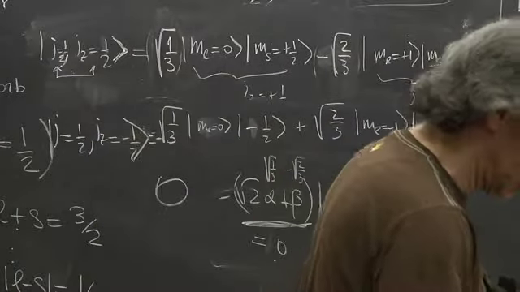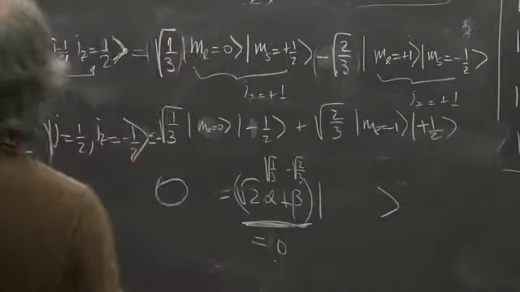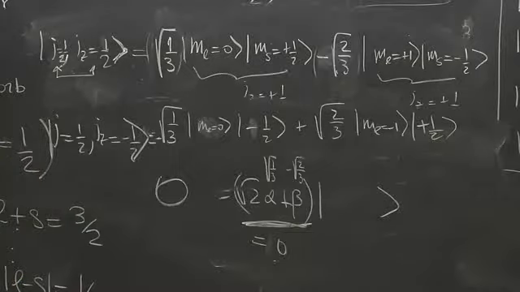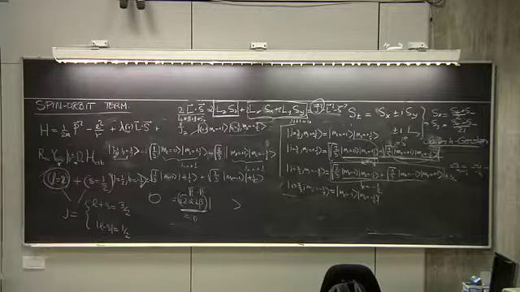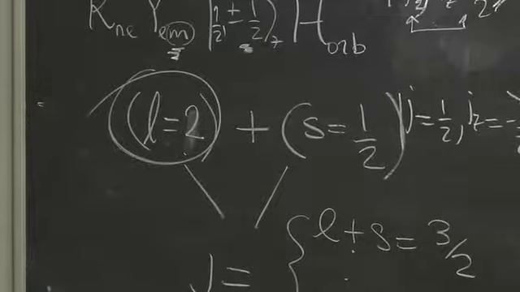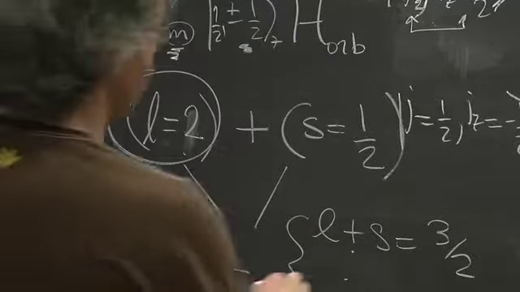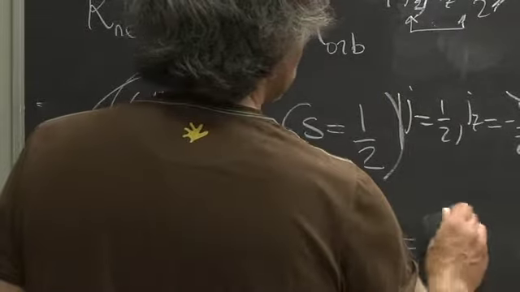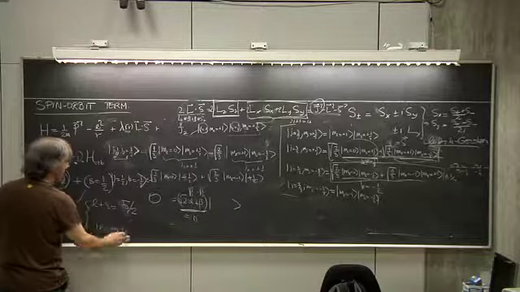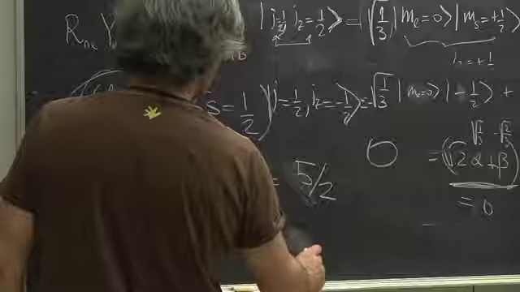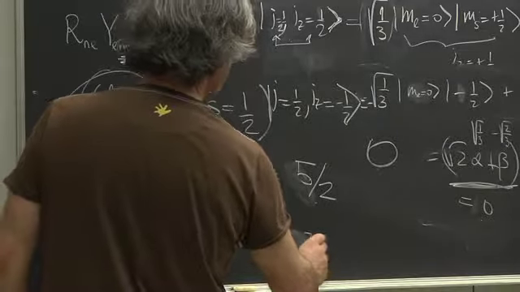You can repeat the same exercise, for instance, for L equal 2, just to get some hand in the procedure, and you should be able to construct states of 5/2 and states of 3/2.